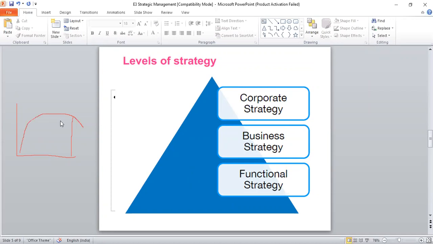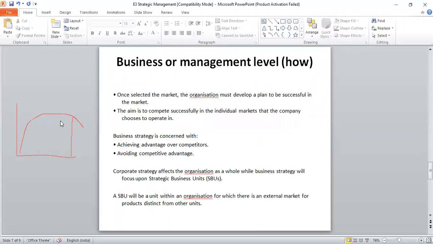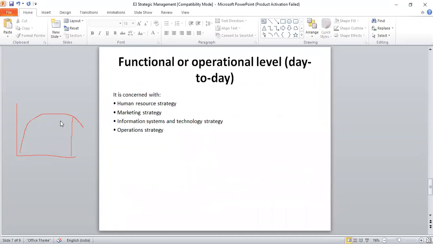Then the plans which they take up within the organization, what should they do so that they can face the competition externally? What plan should be adopted and implemented in the organization? When that planning is taken up, that is called the business or management level. The plans which are taken to implement in the organization, that is at the functional or operational level.